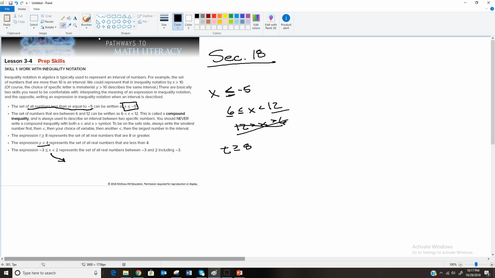This one originally didn't have an equal sign here. -3 is less than or equal to x is less than 2. This means we could include the -3 on the left side, but we can't include the 2 on the right side. So this would actually start at -3 and include all the numbers up to, but not including 2.